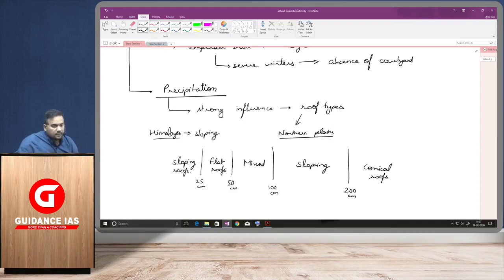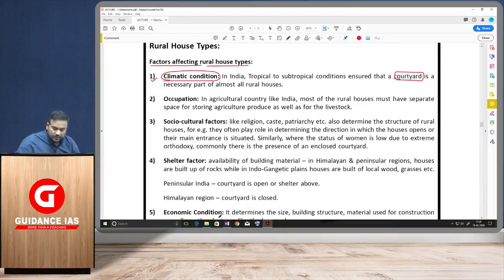Okay? So precipitation is another very, very dominant factor which influences the house types in India. So that is one. एक एक करके I'll just talk about. Like for example, one factor is the shelter factor, and इसमें shelter factor में you take the case of building material.